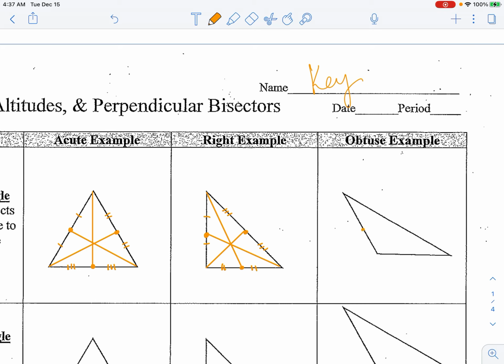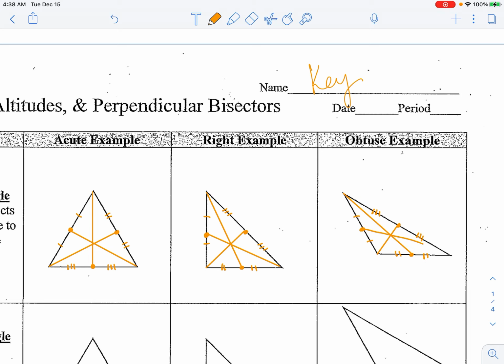And then again, for my obtuse triangle, I'll do my best to estimate where those midpoints are. If we were in class in a typical year, I might pull out rulers and have you measure, and you could measure. Whoops, that one's not very good. And it would work out fairly nicely.